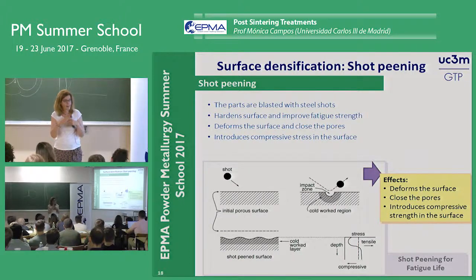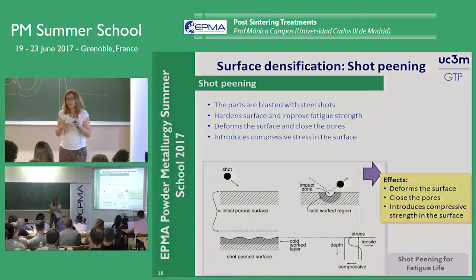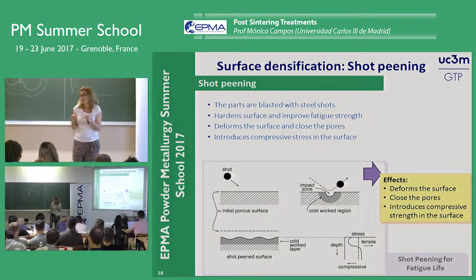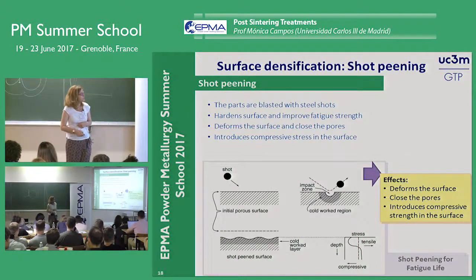And then in our material, we have something that does not belong to our component. Then we have to take into account the size of our open porosity and the density level of our component, to try to better adjust the parameters of the shot peening process.